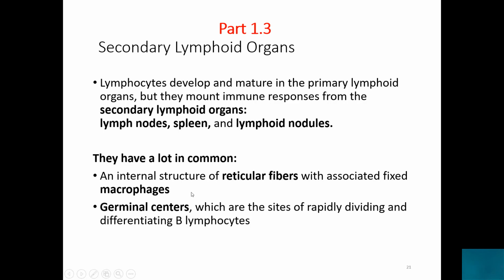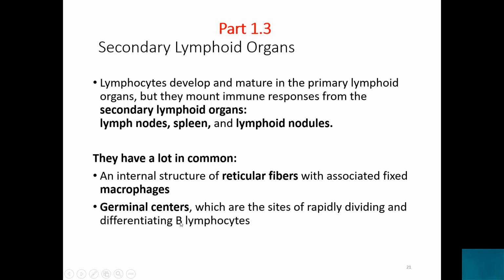They usually have an internal structure made of thin, fine reticular fibers, and the main function of those fibers is to fix and keep in place a lot of macrophages. Also, there will be germinal centers, which are sites of rapidly dividing and differentiating B lymphocytes.